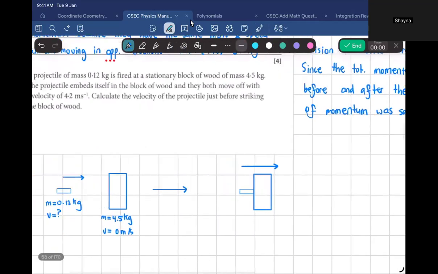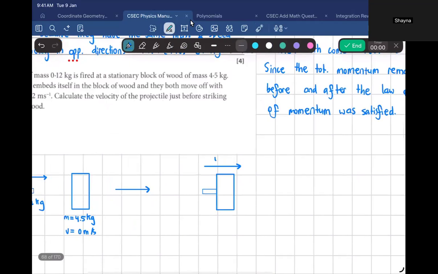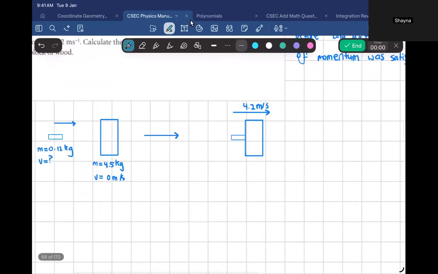So the final thing will be moving at a velocity of 4.2. And what would the mass be? It would be the 0.12 plus 4.5. So the 0.12 plus 4.5, and what would that be equal to? 4.62.